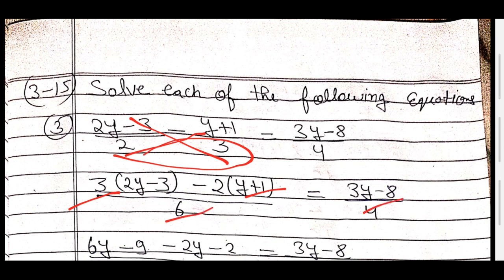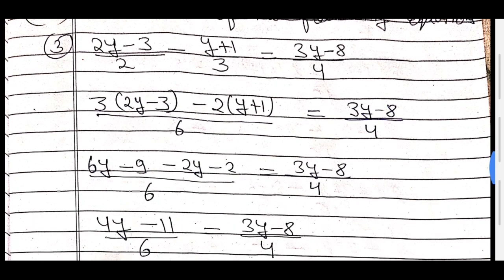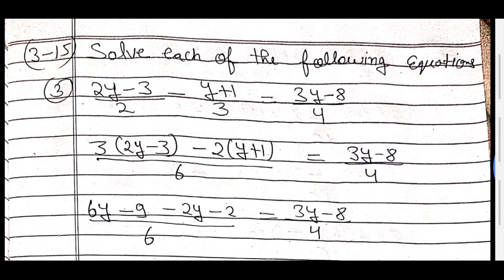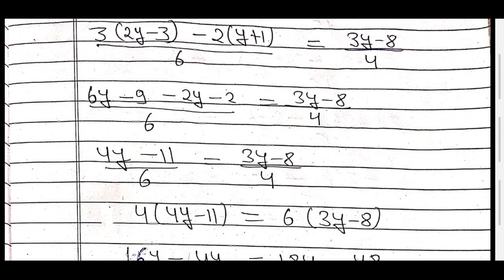Now solve. 3 times 2 is 6y, 3 times 3 is 9, 2y is 2, and 2 times 1 is 2. Signs remain as they are. Now when you solve, what do you get? 6y minus 2y you get 4y, minus 9 minus 2 you get minus 11, upon 6.